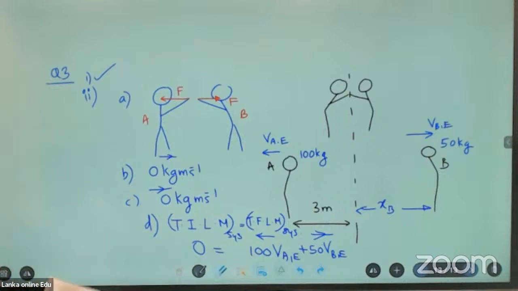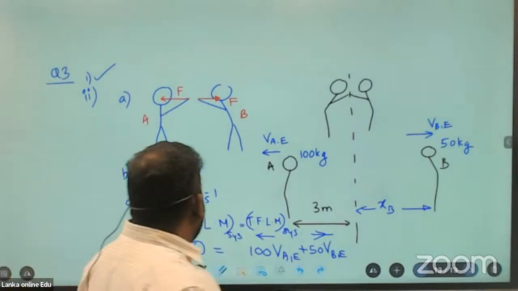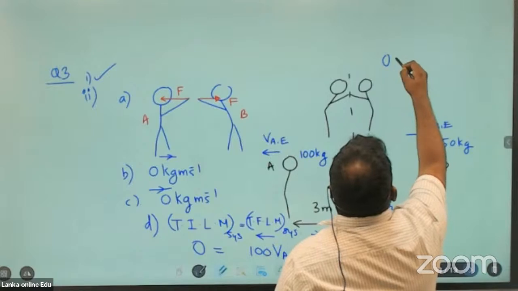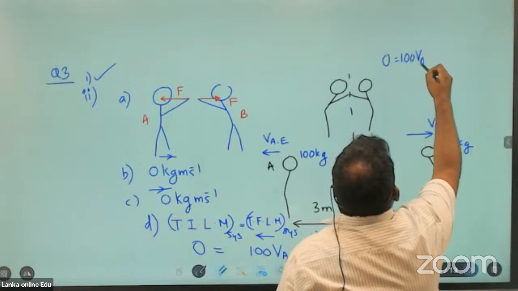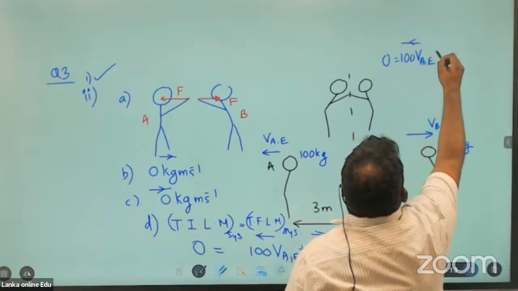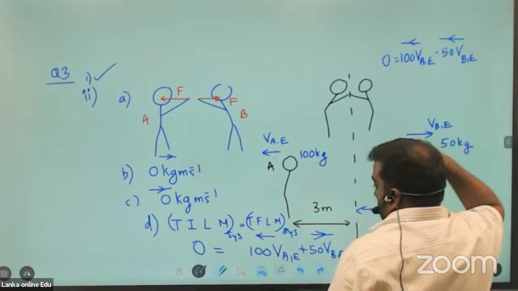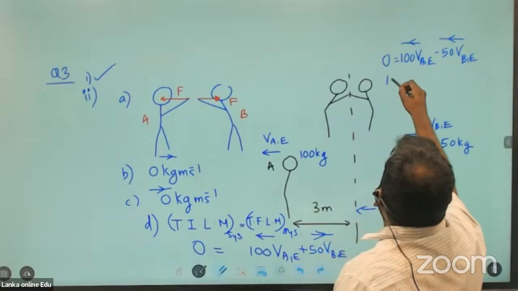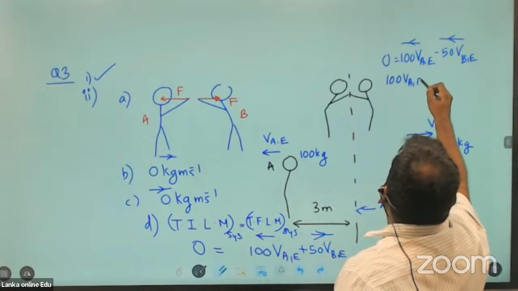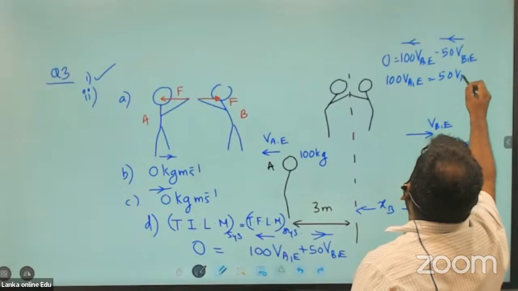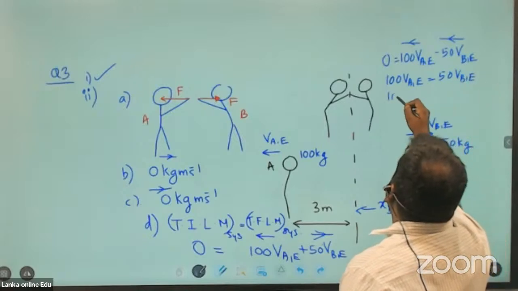Simple. Now bring both vectors in the same direction. I can solve it here. 0 equals 100 velocity of A with respect to Earth minus 50 velocity of B with respect to Earth. Then I change the direction. Simplify it. 100 velocity of A with respect to Earth equals 50 velocity of B with respect to Earth.